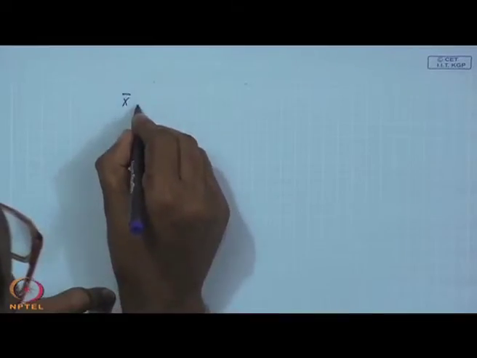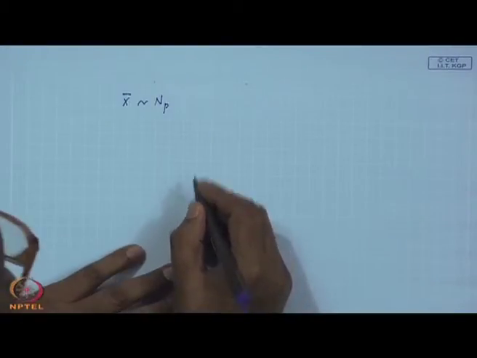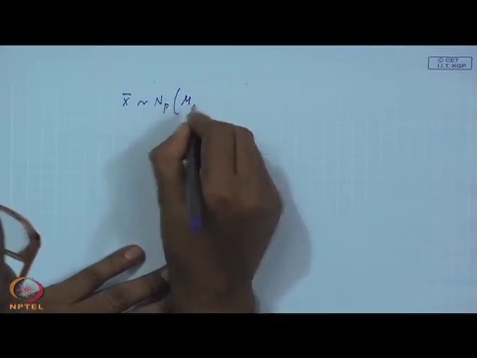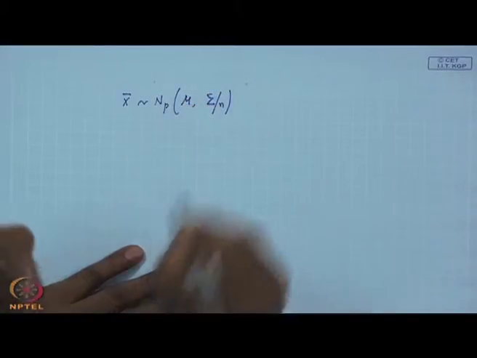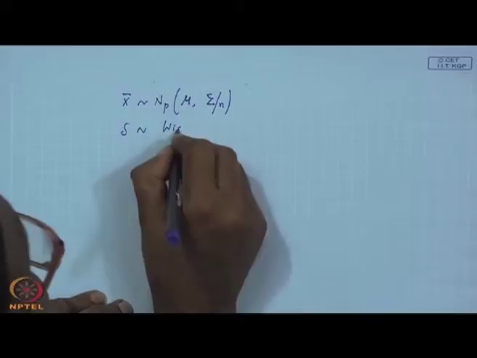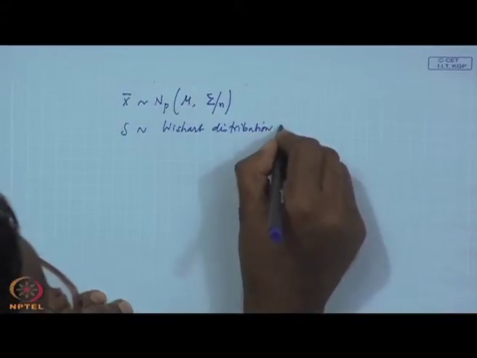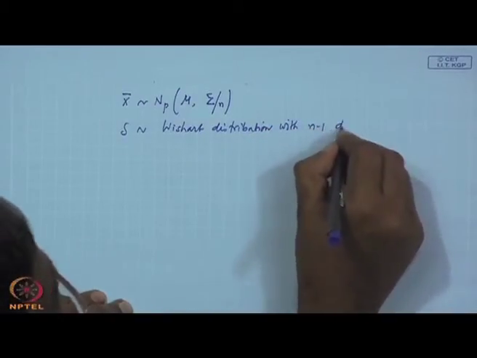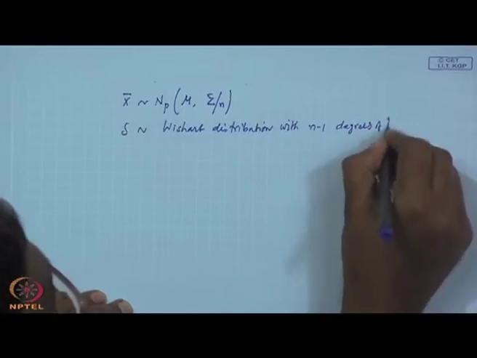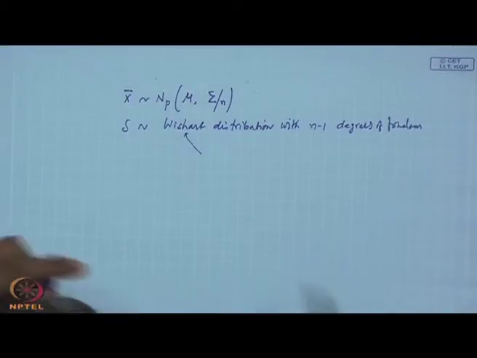Now, x bar follows a multivariate normal distribution with p variables, mu and sigma by n, and S follows the Wishart distribution with n minus 1 degrees of freedom. This is a complex distribution. We will not talk anything about this Wishart distribution henceforth.